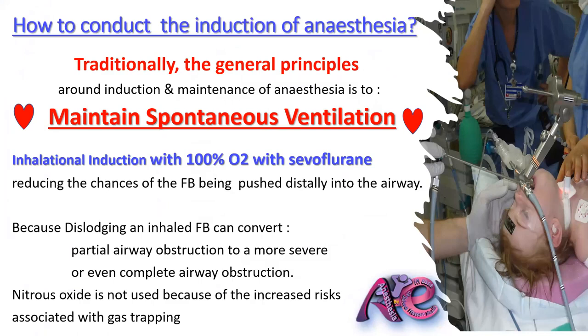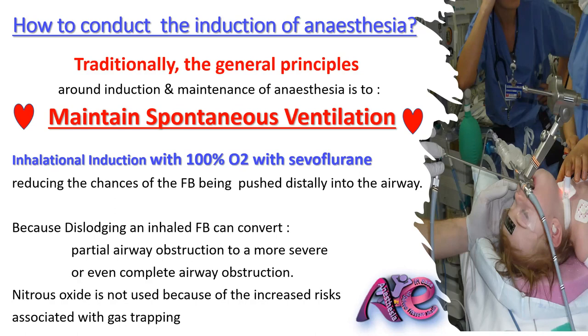Induction of anesthesia. This is the most important part of our lecture today: how to conduct induction of anesthesia. Traditionally, the general principle around induction and maintenance of anesthesia is to maintain spontaneous ventilation with inhalational induction using 100% oxygen with sevoflurane.